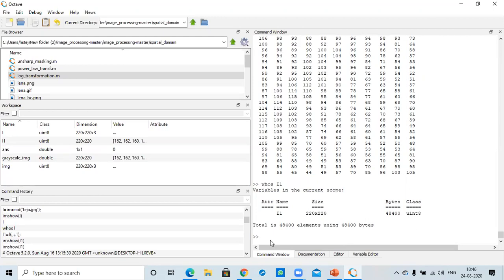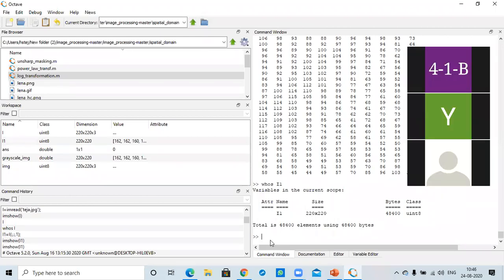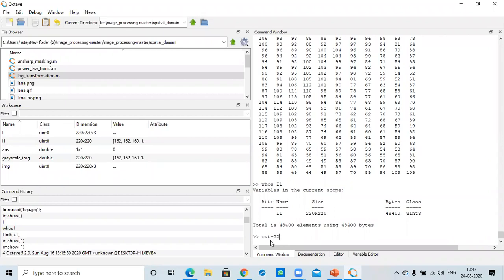One more thing: for example, I want to manipulate this. I want to find the negative of this. How to find the negative: output is equal to 255, the maximum value, minus this I1.